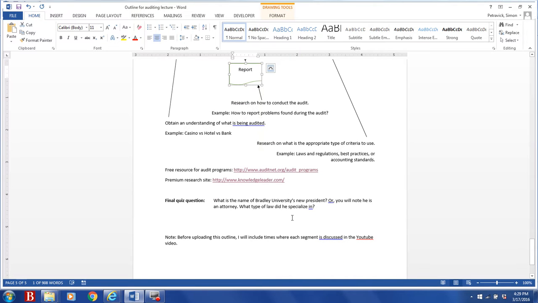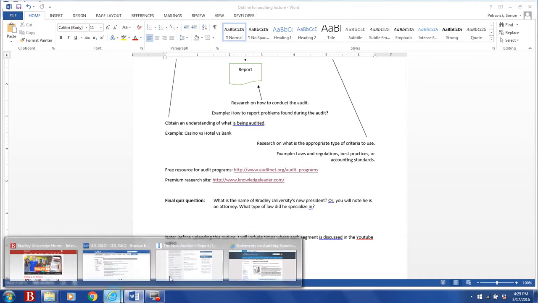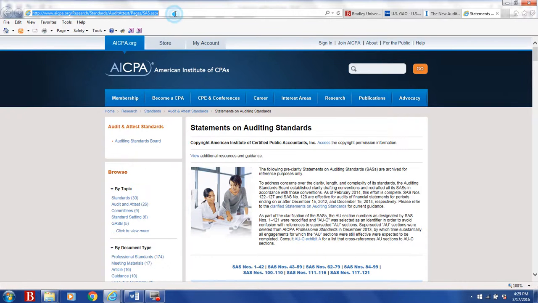A lot of times when an audit is done, the auditor will prepare a program. One way to better understand how to audit something is to go and get programs that people have written which describe audit steps for typical areas. This AuditNet is a website that provides a wide variety of audit programs.